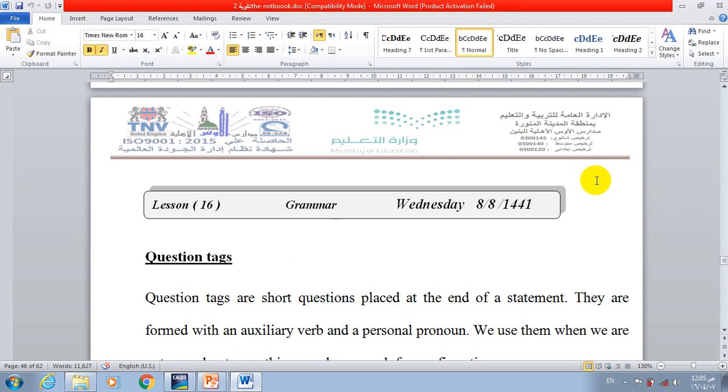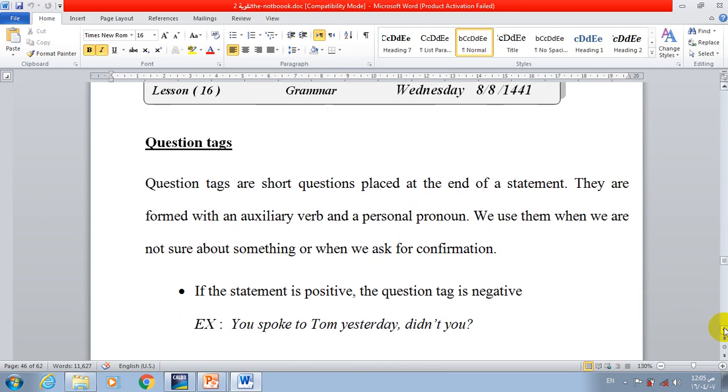Open your notes and follow me to know what is the rule for today. Okay, let's start. Our rule for today is about the question tags.